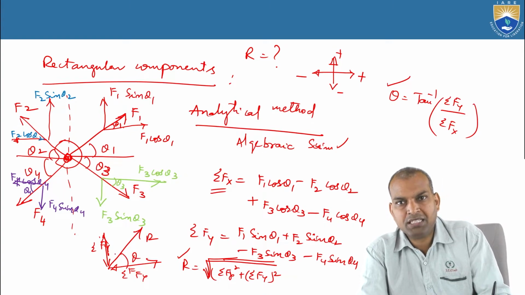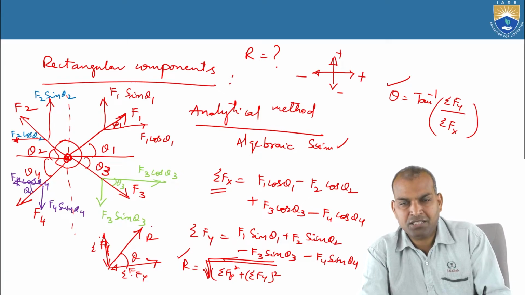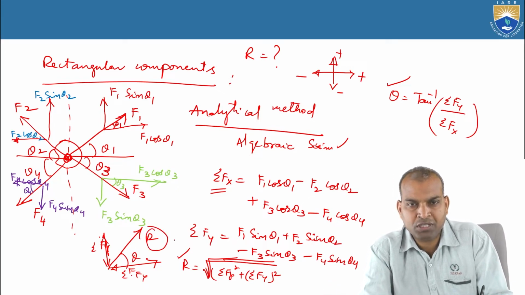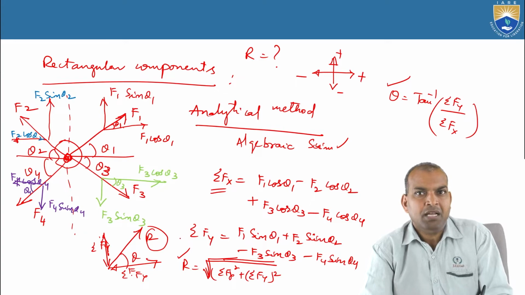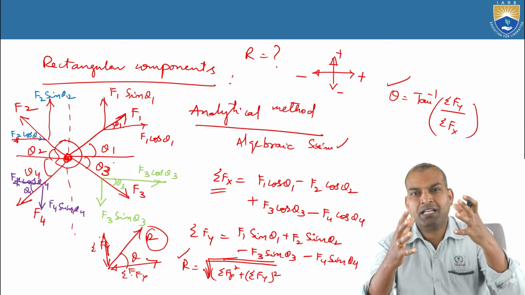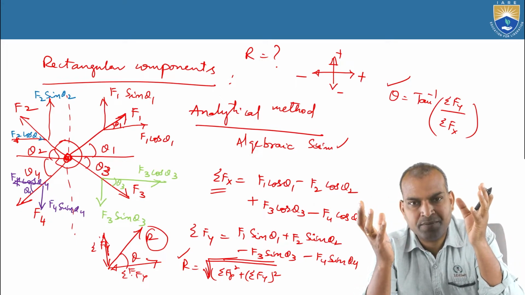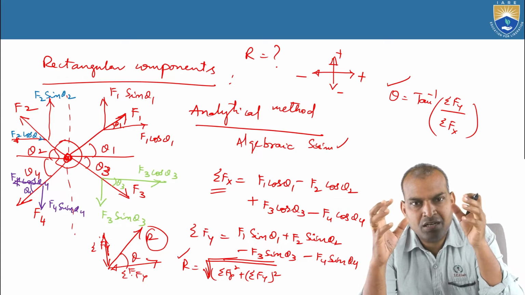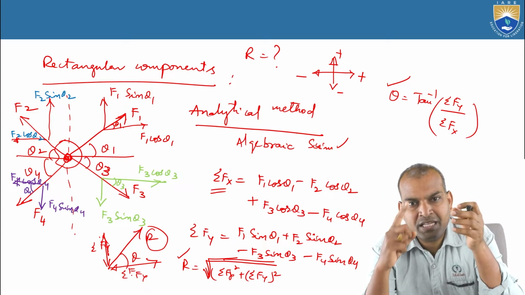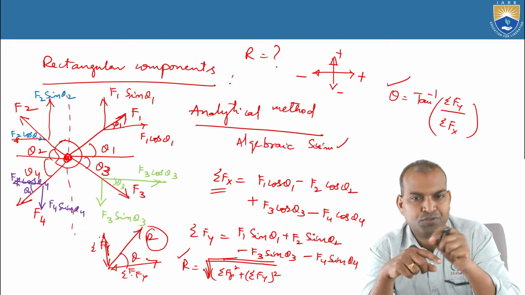So these Fx and Fy are replaced by a single force. That force is known as the resultant force. Here F1, F2, F3, F4, all the forces are acting with some inclinations. All these forces are represented by a single force, known as the resultant force.